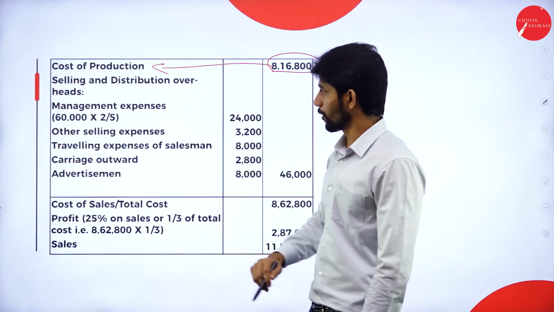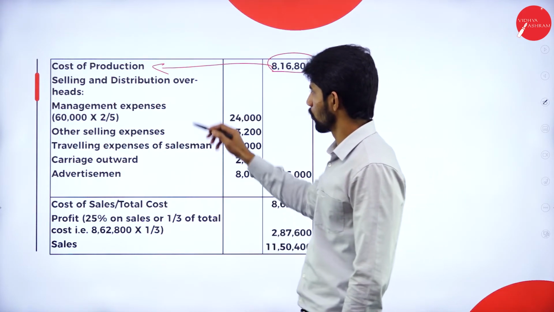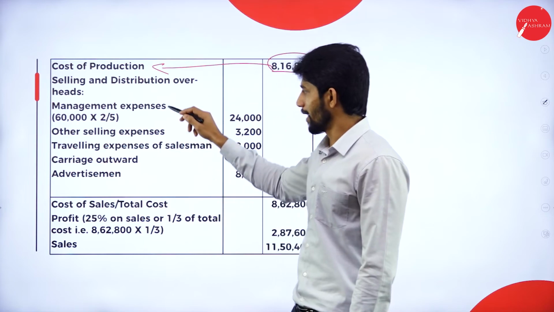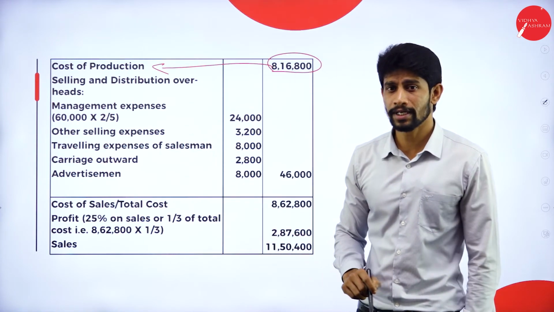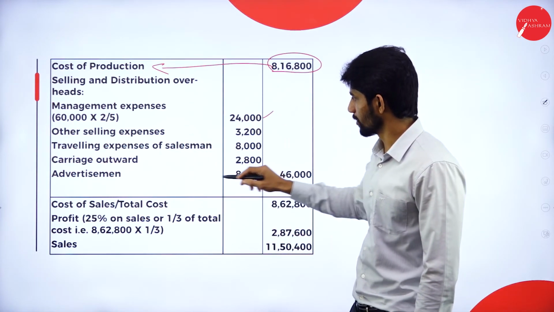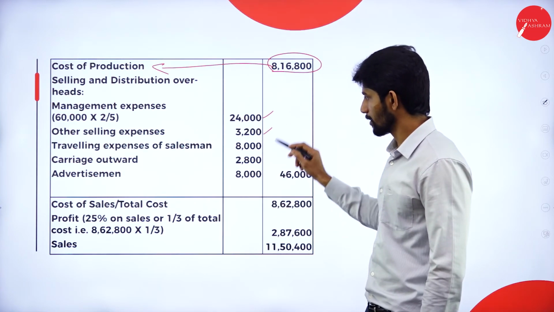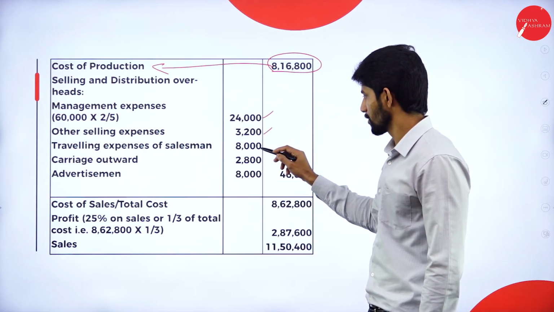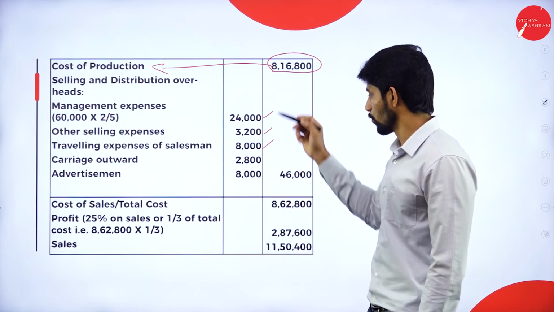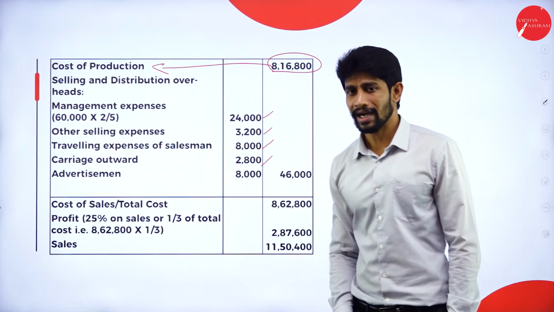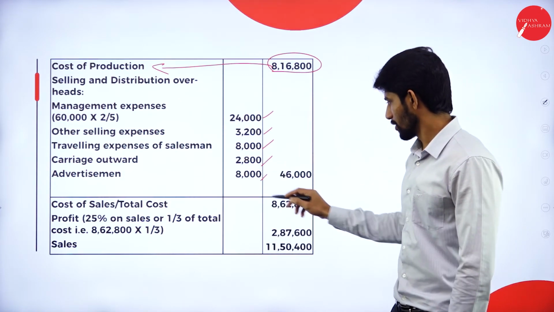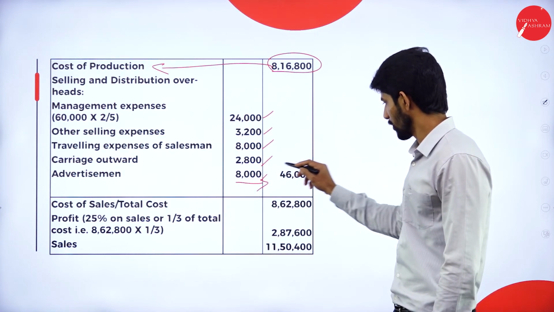So for cost of production, add selling and distribution overhead. In that, management expenses 2/5 relating to selling, so 24,000. Other selling expenses 3,200. Traveling expenses 8,000. Carriage outward 2,800. Advertisement 8,000. Total this, you'll get 46,000.